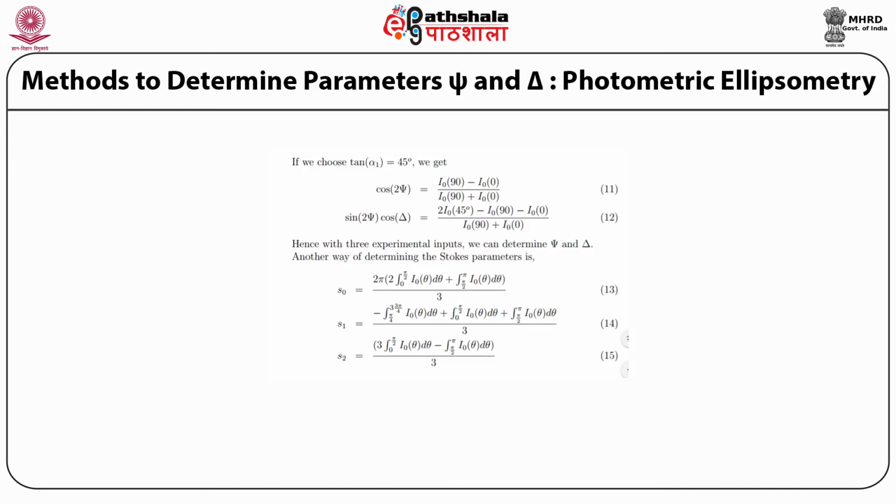S1 equals minus the integral from π/4 to 3π/4 of I₀(θ) dθ plus the integral from 0 to π/2 of I₀(θ) dθ plus the integral from π/2 to π of I₀(θ) dθ, on the whole divided by 3. S2 equals 3 times the integral from 0 to π/2 of I₀(θ) dθ minus the integral from π/2 to π of I₀(θ) dθ, divided by 3.